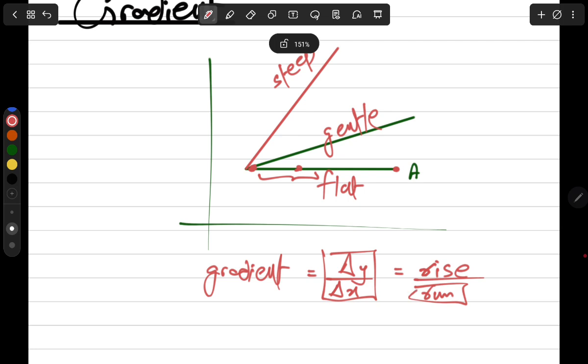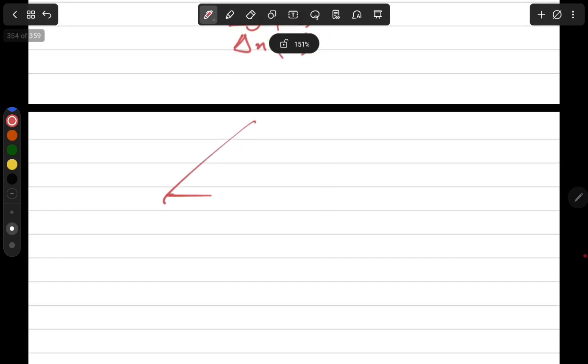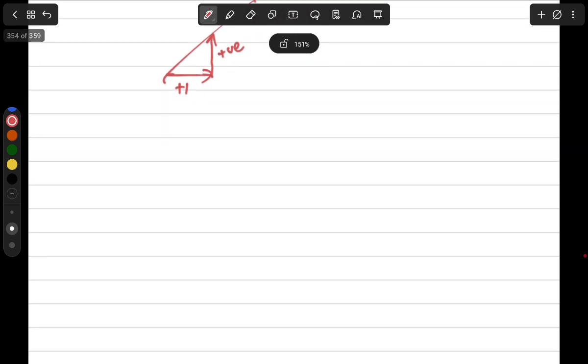If your change in x is positive, and if your change in y is also positive, then the gradient is like this. You move one unit in the horizontal direction, and you move certain units in the y direction. It could be 0.8 in the y direction, or 1.8 in the y direction, or 100 units in the y direction, right? It could be anything.